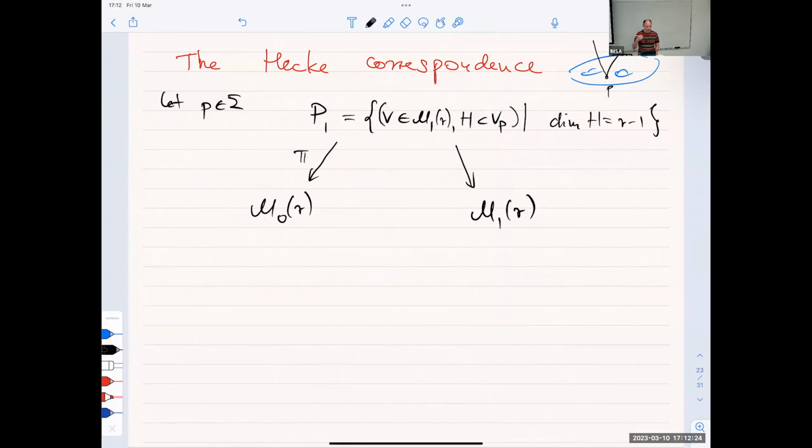This is a vector space of rank R, which lies above the point P. And what we do is, well, we don't fix, but the data is a codimension 1 subspace. So the rank of H is R minus 1. It's just a vector space in the fiber. So remember, V_P is just a rank R vector space, and then H is a rank R minus 1 subspace. That's all. That's the data. It's very simple.